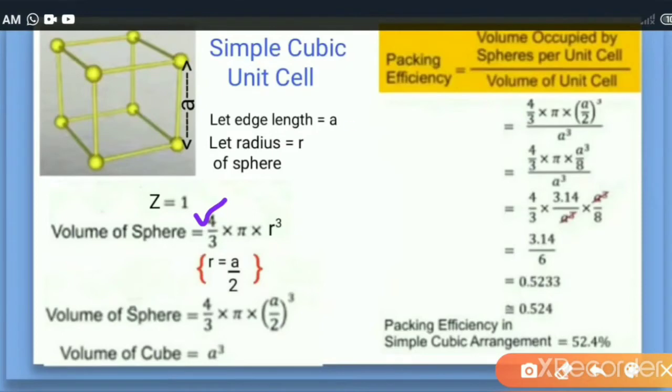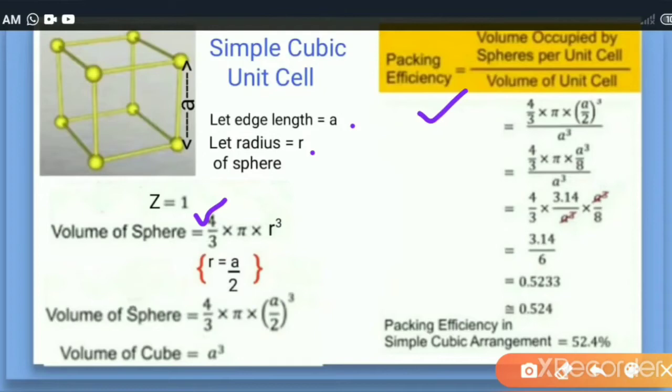Let a be the edge length of the unit cell. Let r be the radius of the sphere, which means here the particles are considered to be hard spheres. Packing efficiency can be calculated by the formula: volume occupied by the spheres per unit cell divided by the volume of the unit cell.